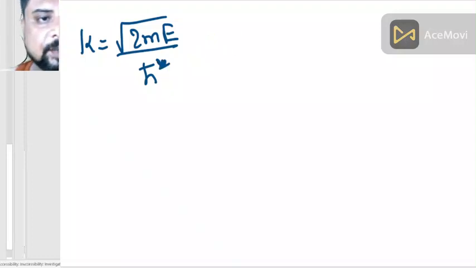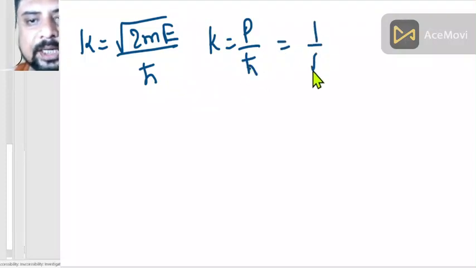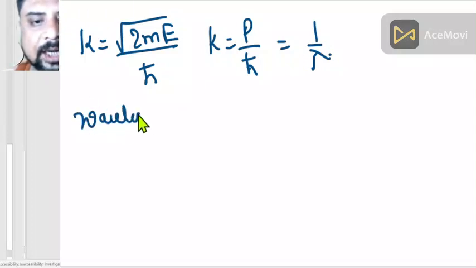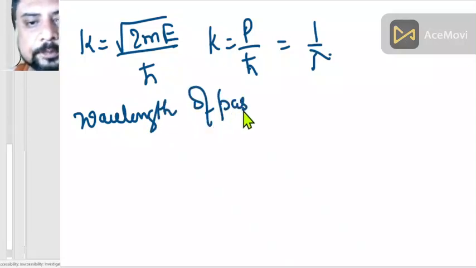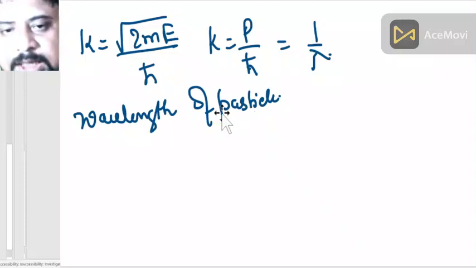Now this quantity is of most significance in the analysis. I have told you about k in the last lectures, but in case you have not seen or not understood, k is equal to p by h bar. So it is 2 pi by lambda.